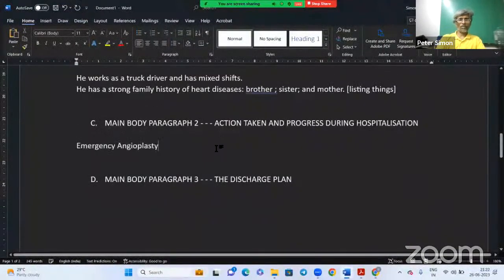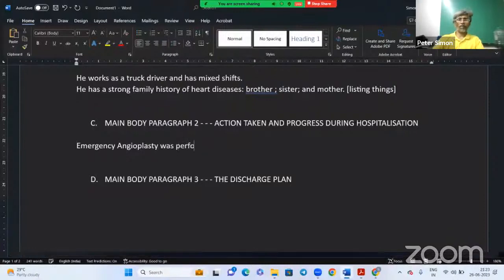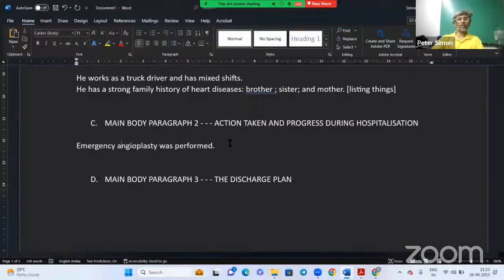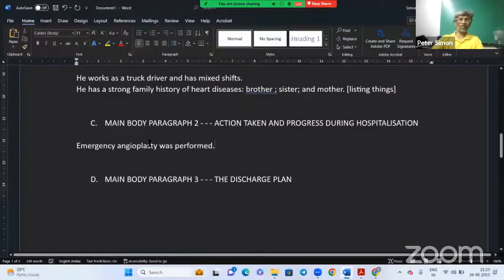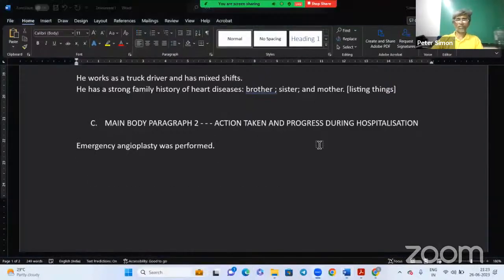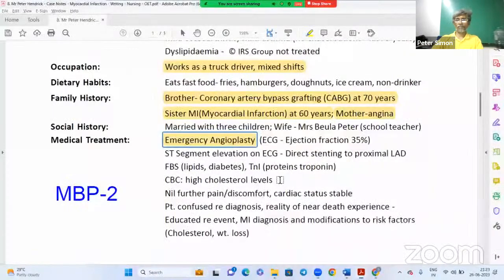So emergency angioplasty was performed. Like this, was performed, passive voice. Don't write capital letters only in the beginning of the sentence. So that is 1. Then what else you can write?